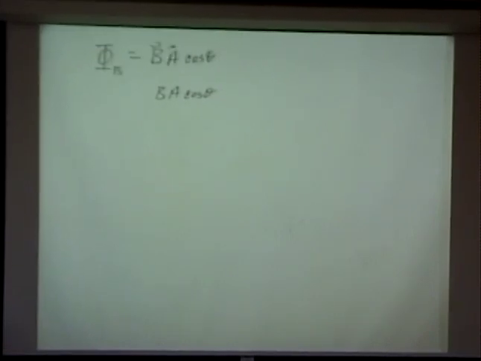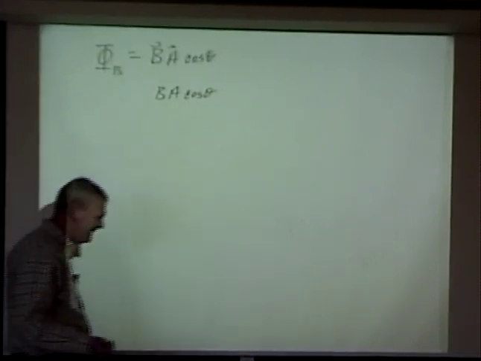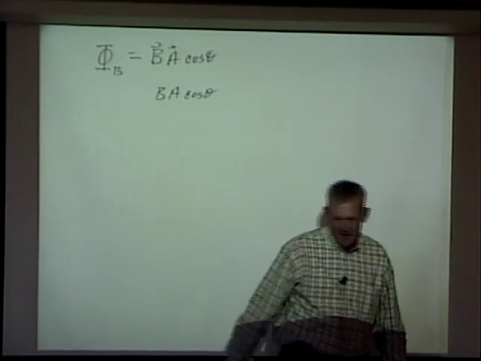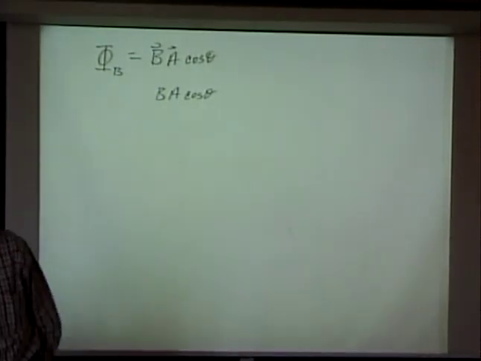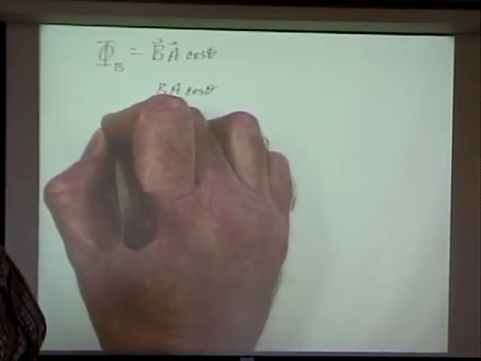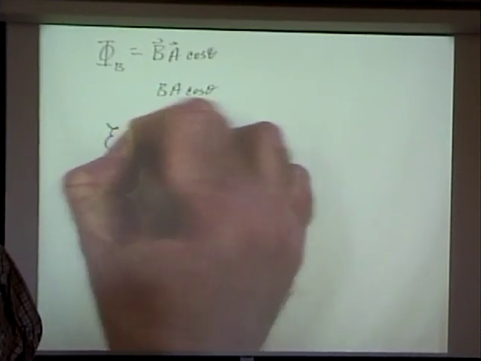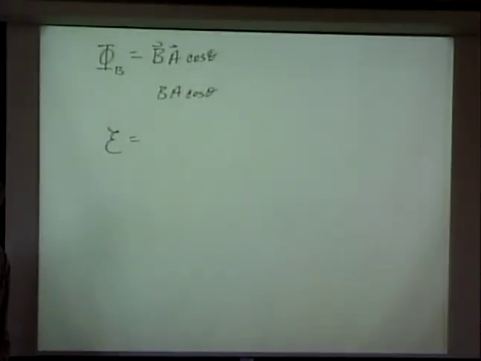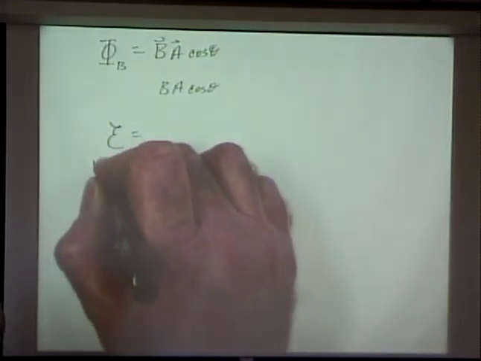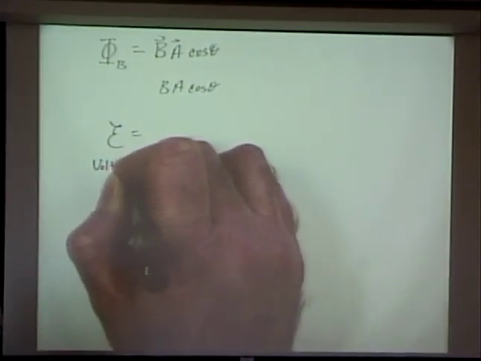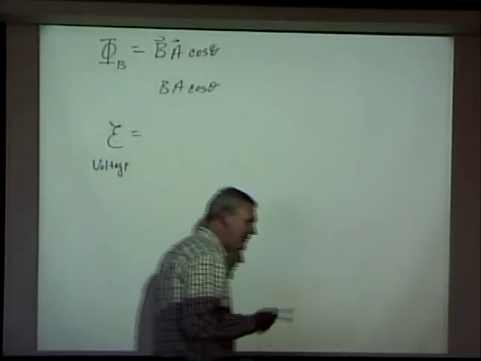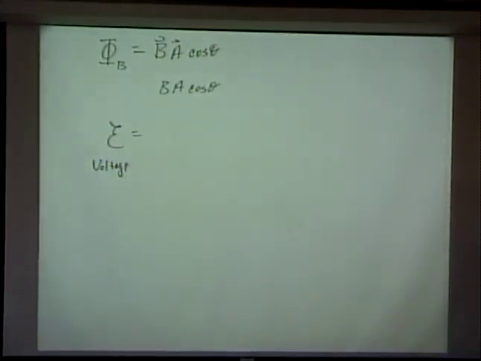Now you might be going, well, how does this get us to this EMF, this voltage? Here we go. Fancy E stands for EMF, which is a voltage. It pushes charge. If it pushes charge and you have a closed loop, that'll create a current.